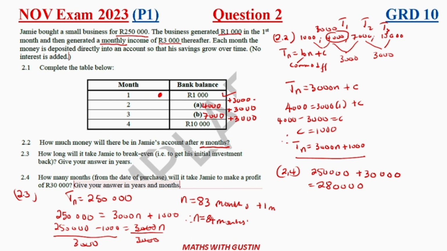So therefore Tn will have to be equal to that. So we're going to say, okay, 280,000 is equal to 3000n + 1000.